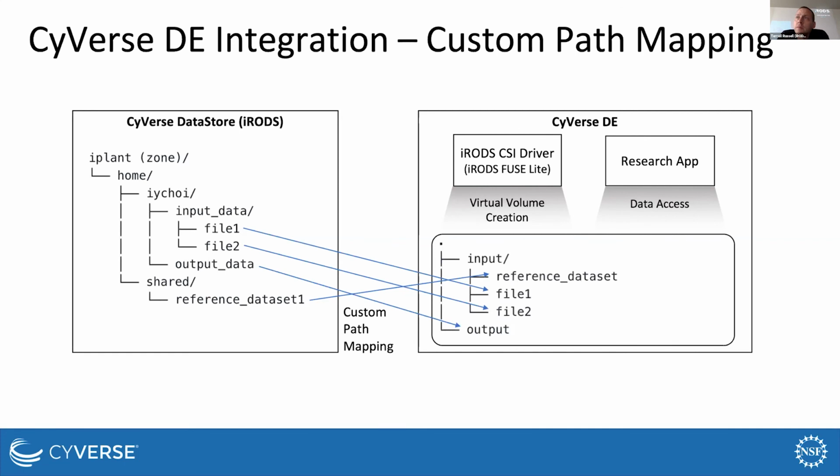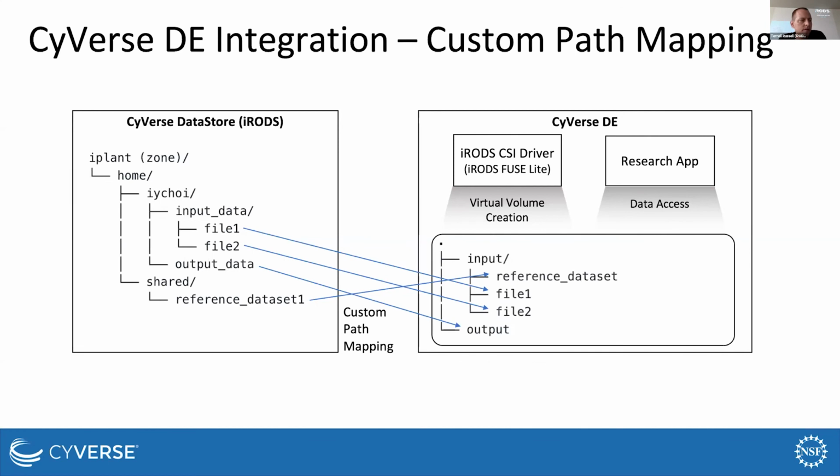Right, but does that need to be maintained by each person, or is that maintained at the system level for everybody? When you mount using iRODSFS, you can give that mapping through the configuration file, for users mounting it for themselves. Actually the mapping is a JSON file, so you can pass that file when you launch the iRODS FUSE Lite.